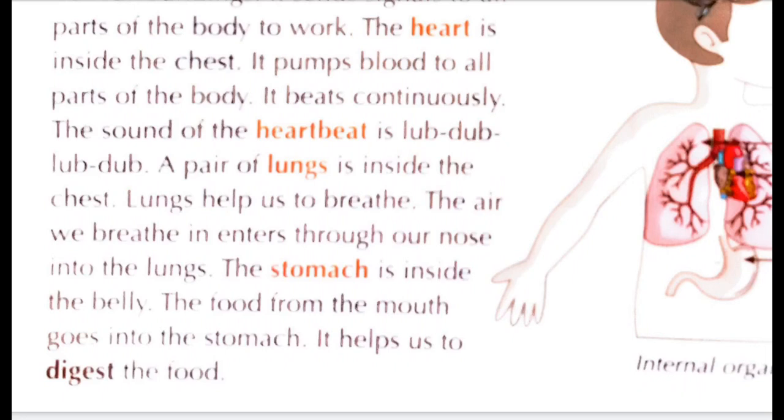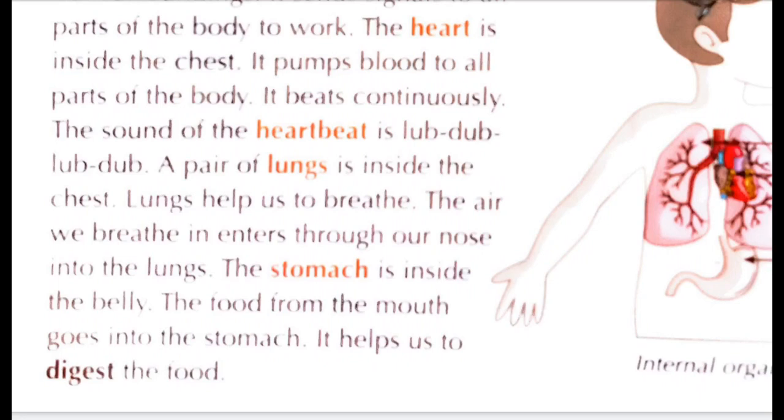Now let's start with the brain. The brain is located inside the head. It helps us to think, collect information from our surroundings, and it sends signals or information to all the parts of the body to work. Another one is the heart. The heart is located inside the chest and it pumps blood to all parts of the body.